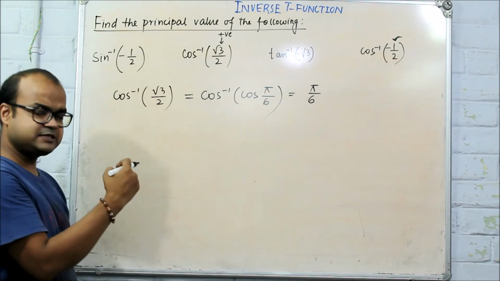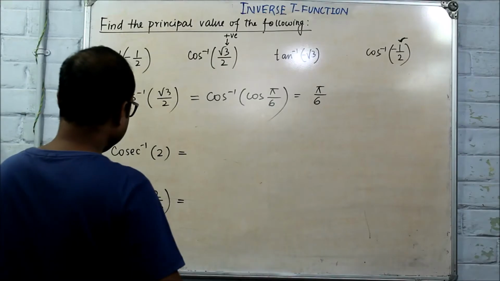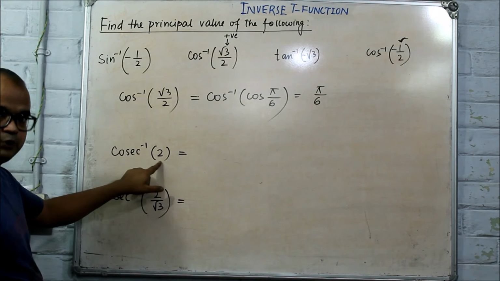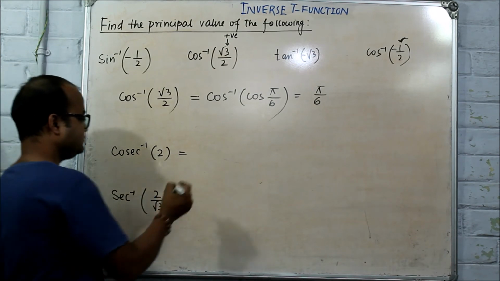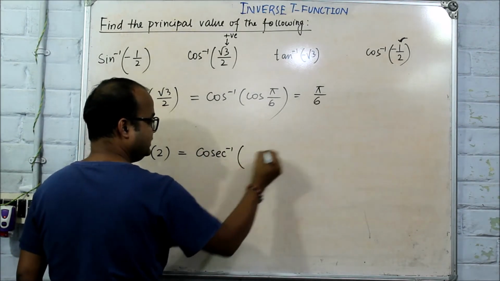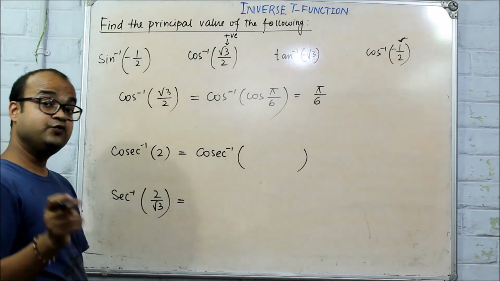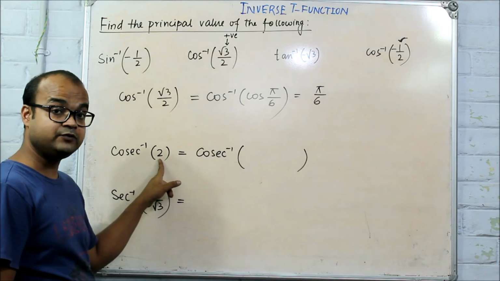Let us take the same kind of problem, one more, to understand. Let us discuss these two problems. Cosec inverse of 2, positive, so your angle belongs to the first quadrant. Now write down the angle for which cosec theta will attain the value 2.